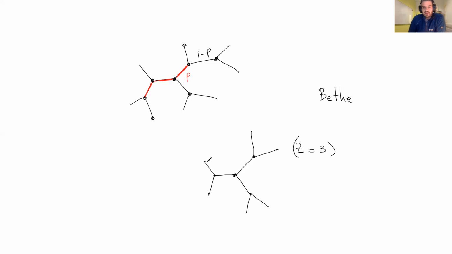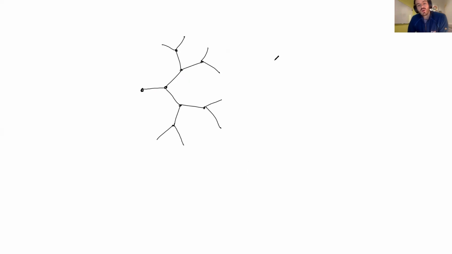The important aspect of those Bethe trees is that there is no closed loop, meaning that never this monomer will be able to connect to that one. Okay, that's a very important aspect. So people like to draw this as, you know, I have a grandparent, then some parent, then some kids, and each of those kids, they have some kids as well. And then you have a kind of family tree that is oriented, I should say, meaning that it's not possible that a grandkid would engender a grandparent.